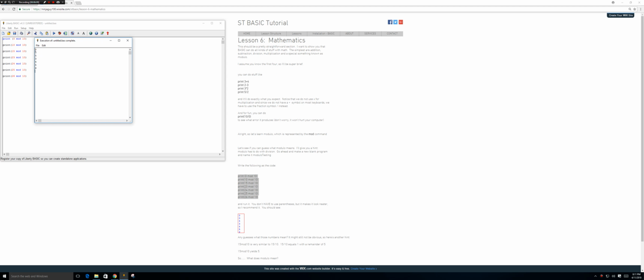So 0 mod 10 is 0, 24 mod 10 is 4, 25 mod 10 is 5, 26 mod 10 is 6. I will give you a hint. It has to do with division. So it has something to do with 0 divided by 10, 10 divided by 10, 15 divided by 10, 23 divided by 10. So see if you can figure it out.